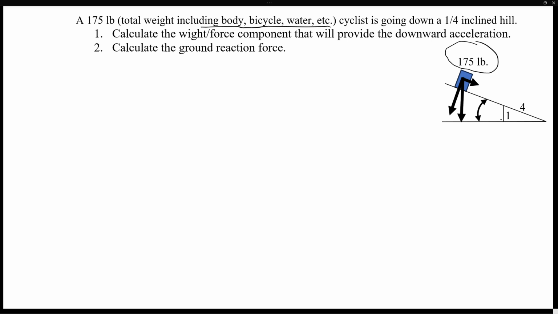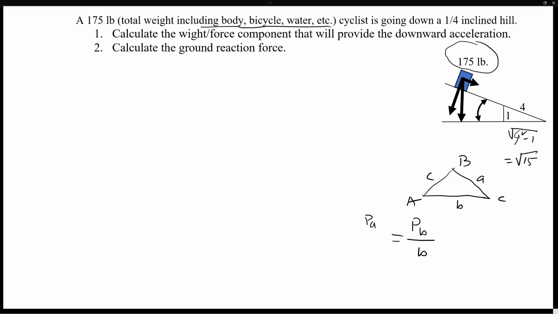Now, because the side is provided, you can easily calculate the other side, which will be square root of 4 squared minus 1, so that's square root of 15. So when you know all the sides of a triangle, you can easily apply the formula called the sine rule: a over sine A equals b over sine B equals c over sine C. The force associated with a particular side, divided by the length of that side, will maintain a constant ratio.